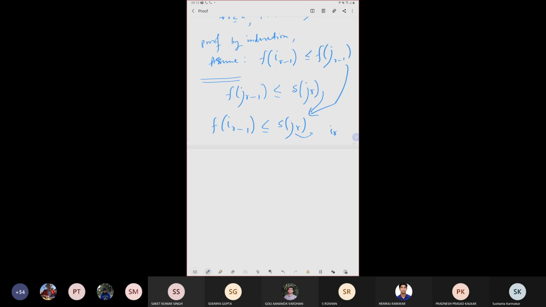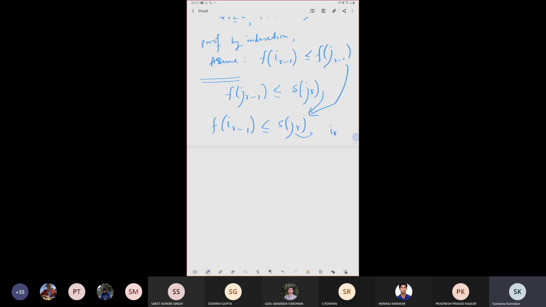Okay. So why did it choose IR? I asked myself this question. Because JR is compatible, IR is also compatible with this R minus 1 interval. So why did it choose IR instead of JR? It is mainly because of the condition of choice that I choose the interval which has the earliest finish time.